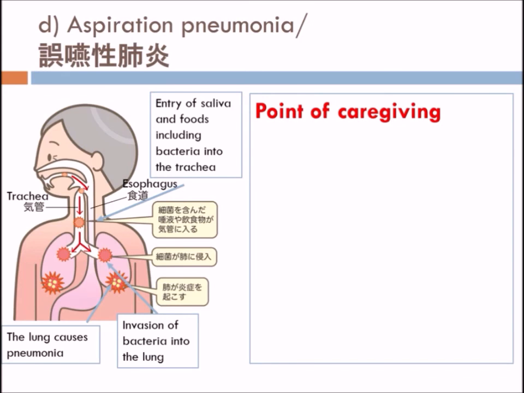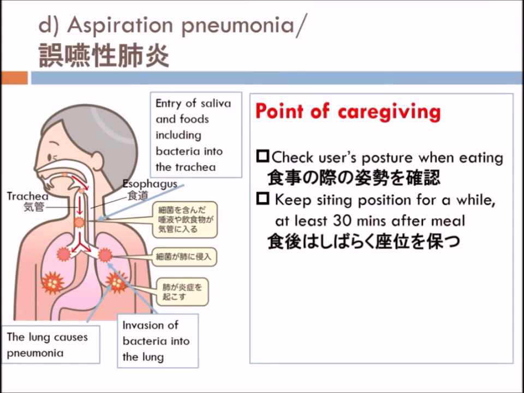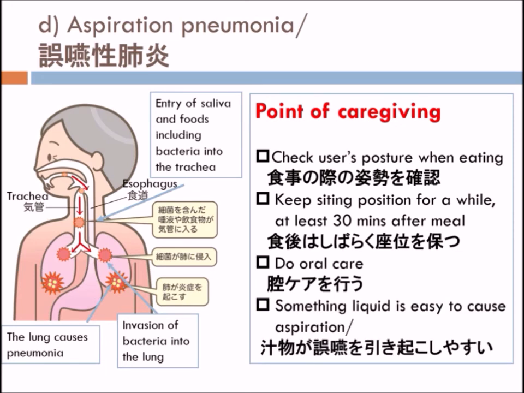Point of caregiving. Check the user's posture when eating. Keep a sitting position for at least 30 minutes after a meal. Do oral care. Sometimes liquid easily causes aspiration.